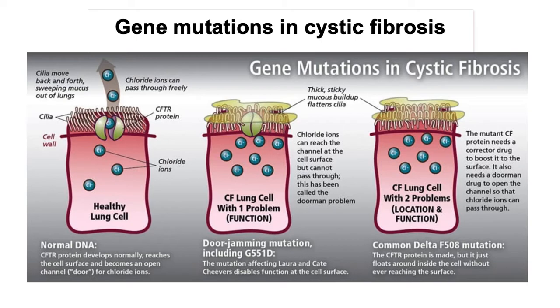Examples of modifier genes include mannose-binding lectin-2, MBL2, and transforming growth factor beta-1, TGF-beta-1. It is postulated that polymorphisms in these genes influence the ability of the lungs to tolerate infections with virulent microbes, thus modifying the natural history of cystic fibrosis.